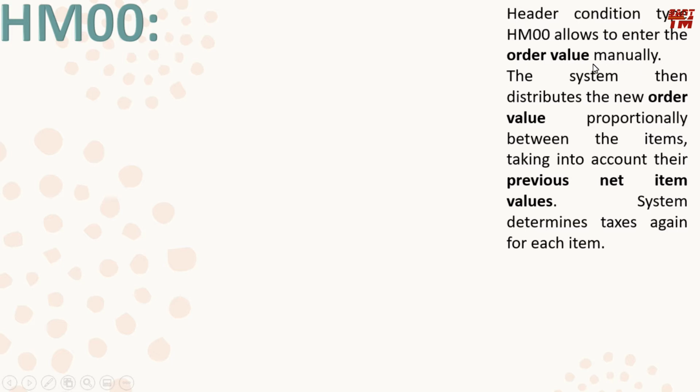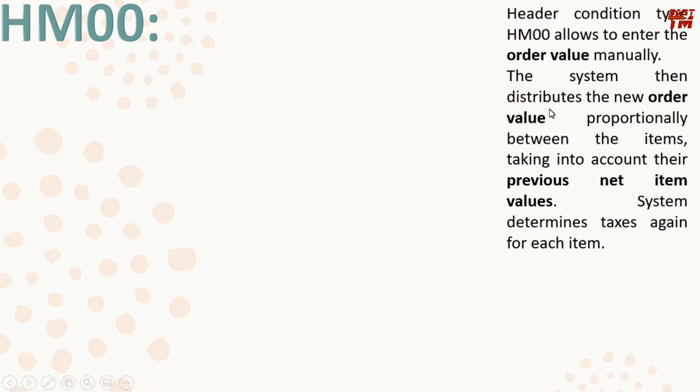Order value manually means that in the SAP system, the SAP employee will define the value of the whole order, for example, 4000 euros. That 4000 euros will be divided among all the items that exist in that order.